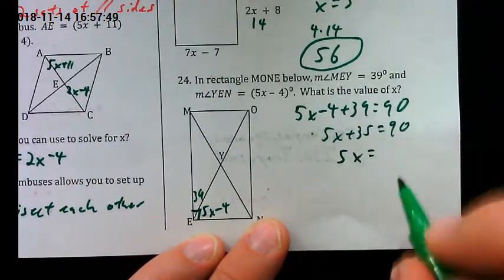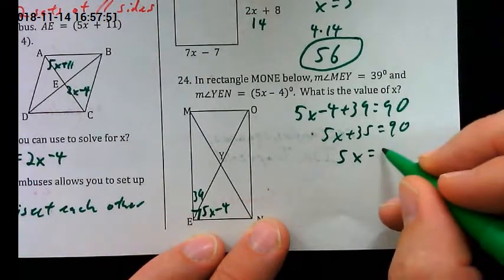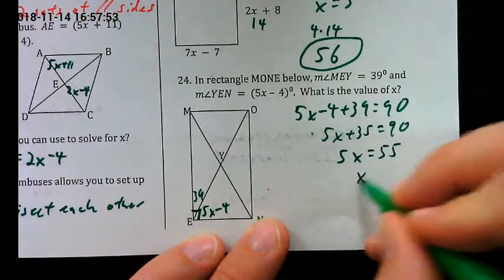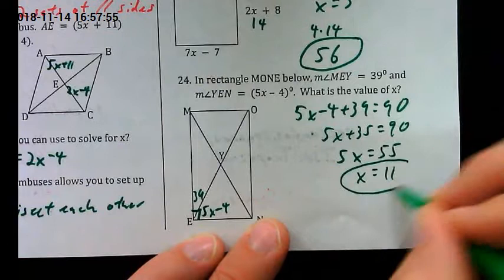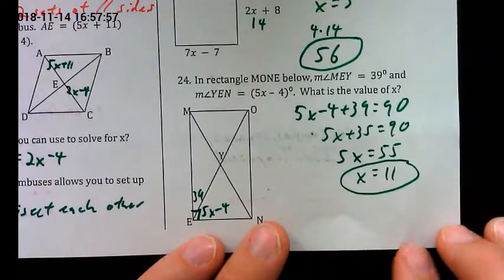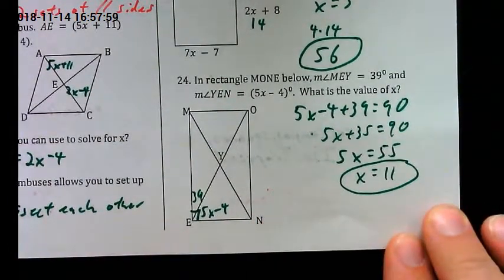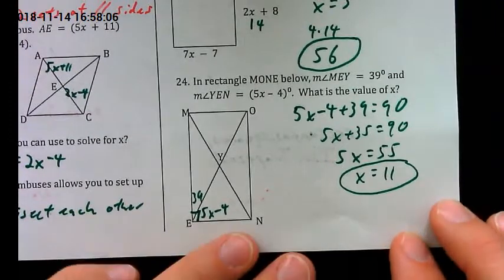Subtract the 35, you get 55. Divide by 5, and you get 11. Yeah, I did that one fast because there was one similar to that already on the front, I think. Or maybe on the other worksheet. It was on the half worksheet.